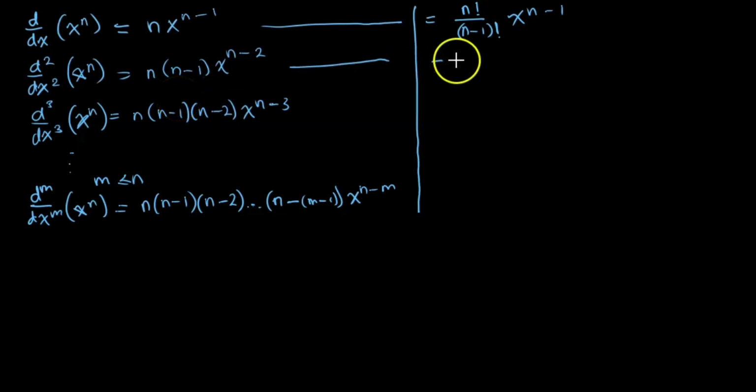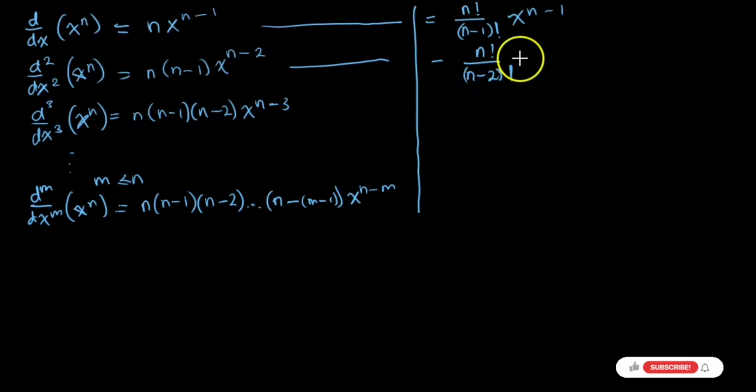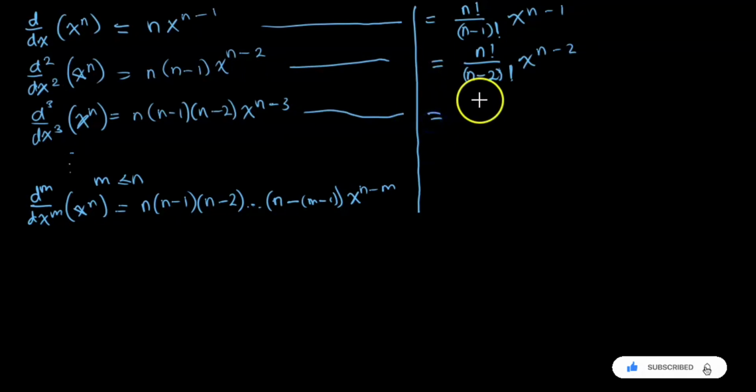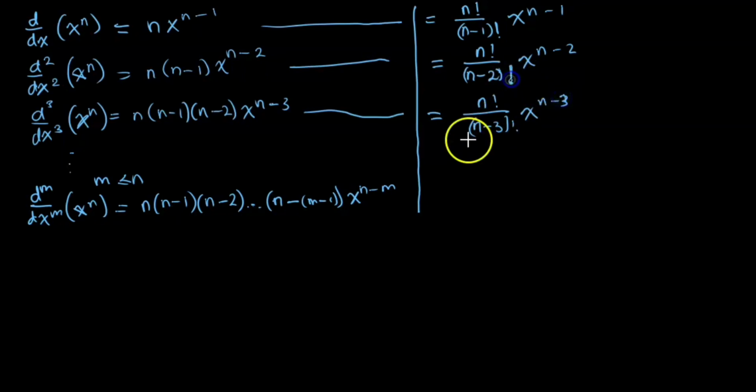We can write it as n factorial divided by n minus 2 factorial. So when you expand the factorial notation, you're going to see this. Then x raised to the power of n minus 2. So for the third one, what we'll have is n factorial divided by n minus 3 factorial, right? Good. Okay, x raised to the power of n minus 3. Let me write that well.